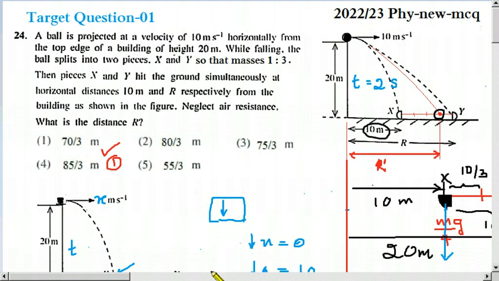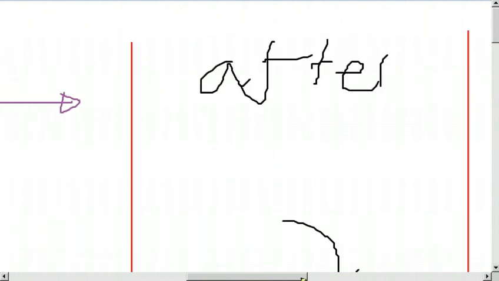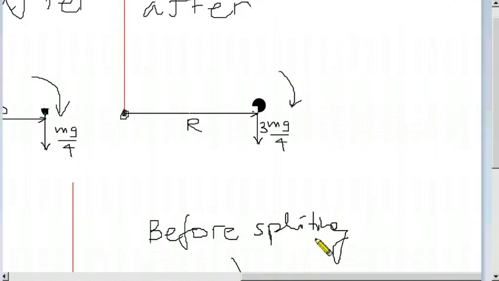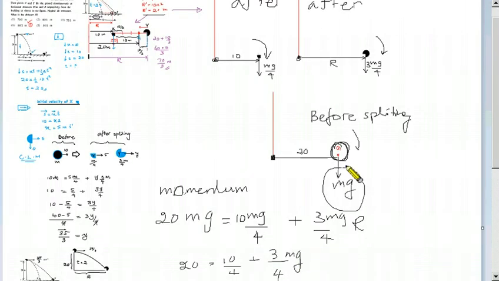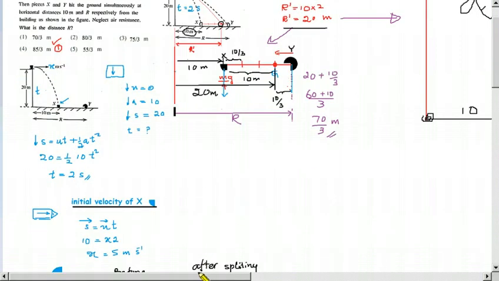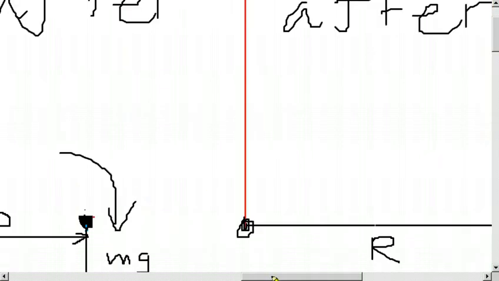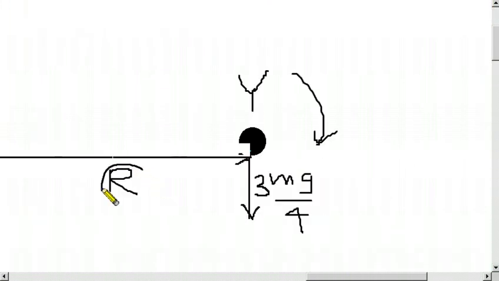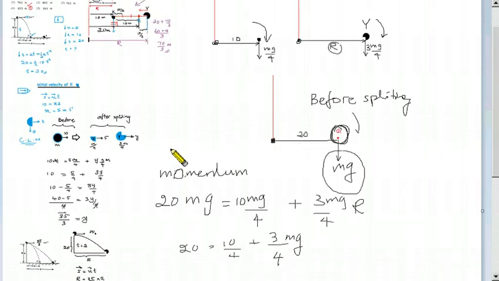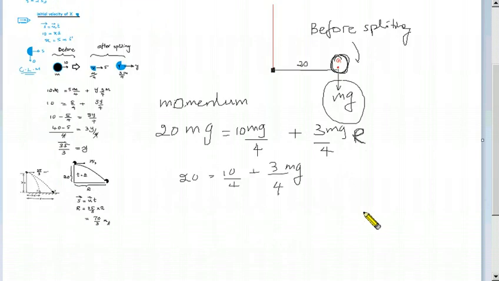So that is what we have taken here. This one is y. You can see 3/4 are there. I have drawn here, 3/4 are there. So this distance is what they want, r. So it is here in this equation, r. So mg cancel, only r here.